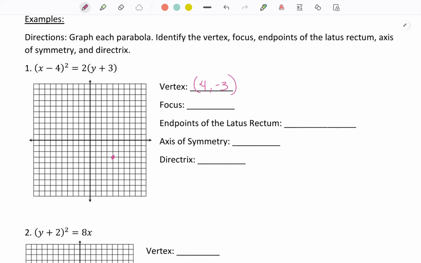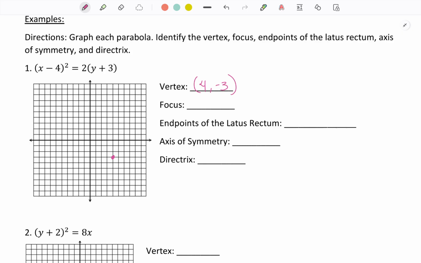And then we are going to also look and see which way we're going. So it looks like we are vertical since we have an x minus 4 squared. Whenever you have that x term squared, it is going to be vertical. And then we will look at p here in a second to see which way we go, if that is up or down.